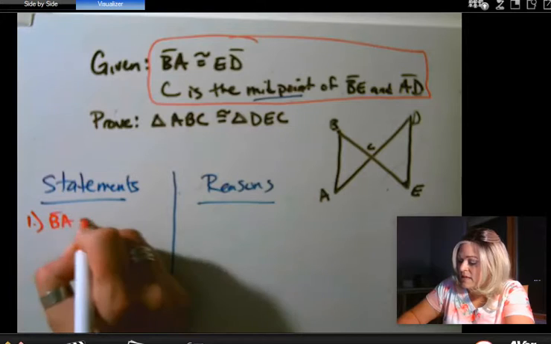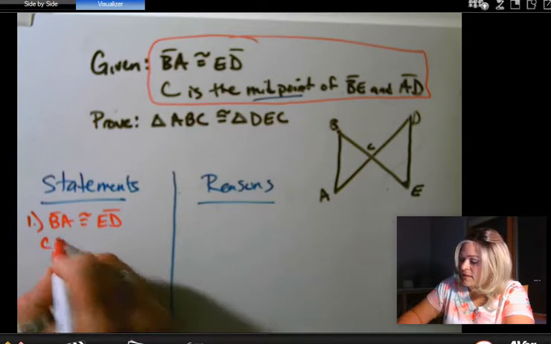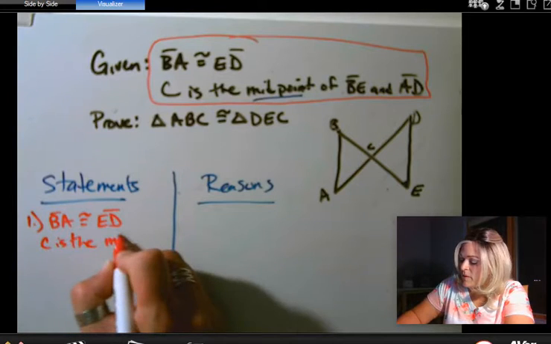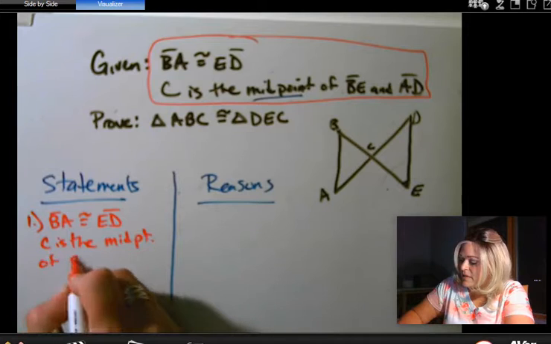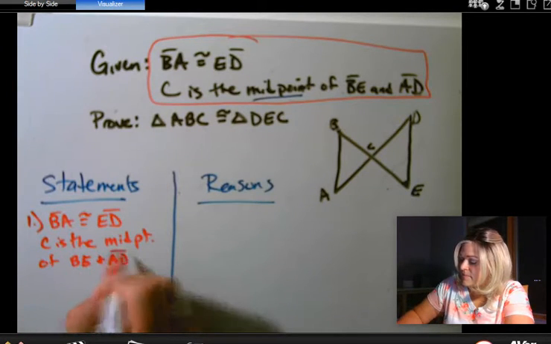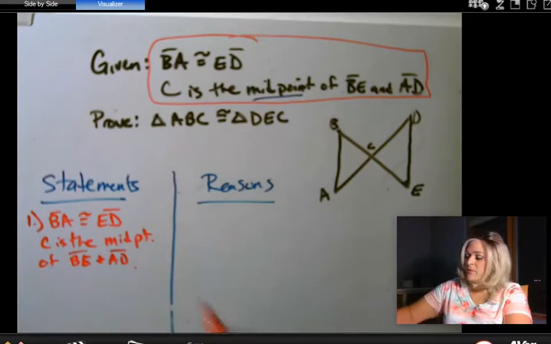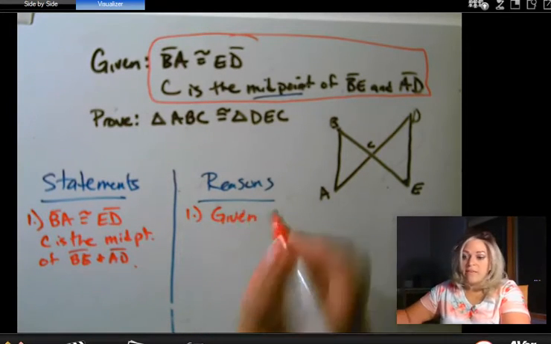So BA is congruent to ED, and C is the midpoint, and I am just abbreviating it, midpoint of BE and AD. And that's fine. Okay, what's my reason? Given. Now, just so you know, the given could be broken up.